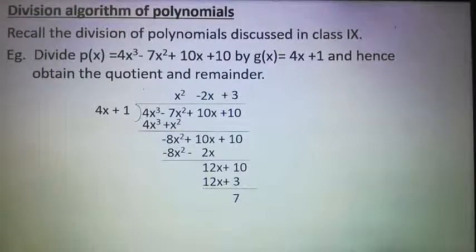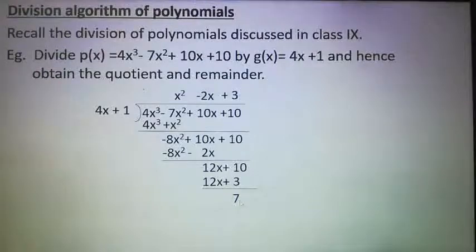Now can you further divide? Can you divide 7 by 4x? The degree of the remainder is less than the degree of the divisor, so here we cannot divide further. Always, the remainder polynomial will have a degree less than that of the divisor polynomial. Then division is not possible. So this is your remainder.